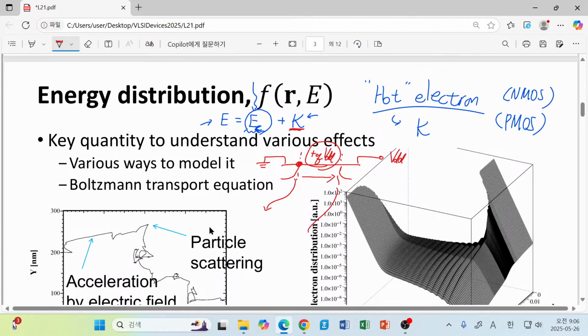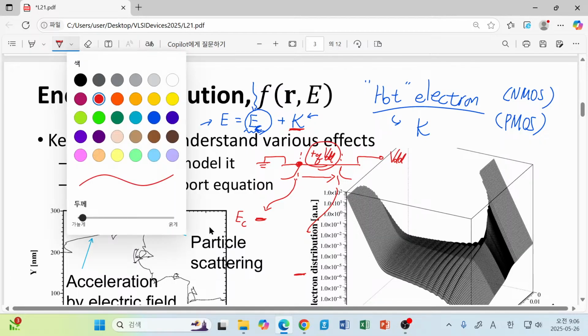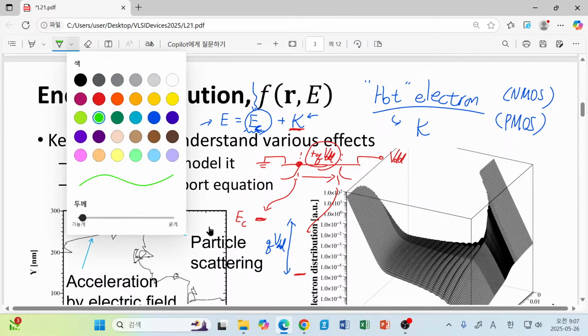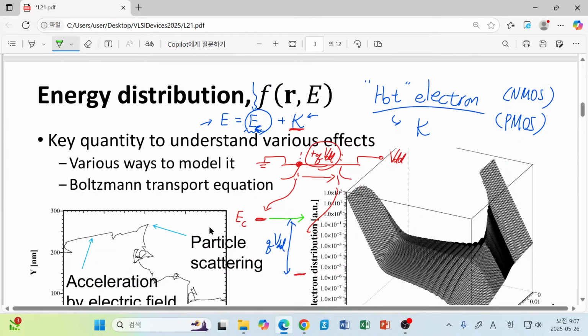Because they have different energy levels. When we draw their conduction band energy level, there is a certain difference corresponding to Q times VDD. So if it does not experience any scattering event, then the total energy is conserved.